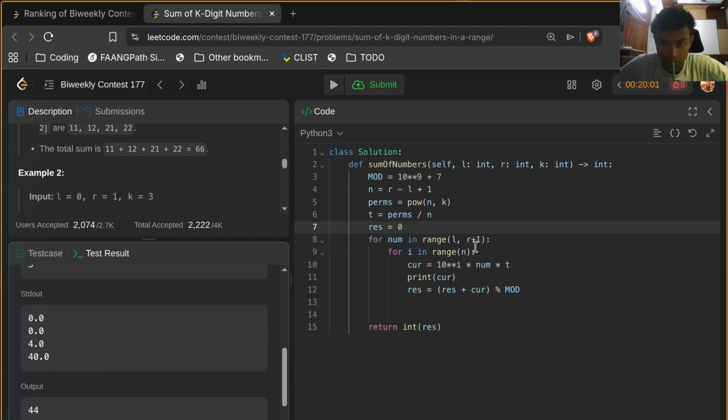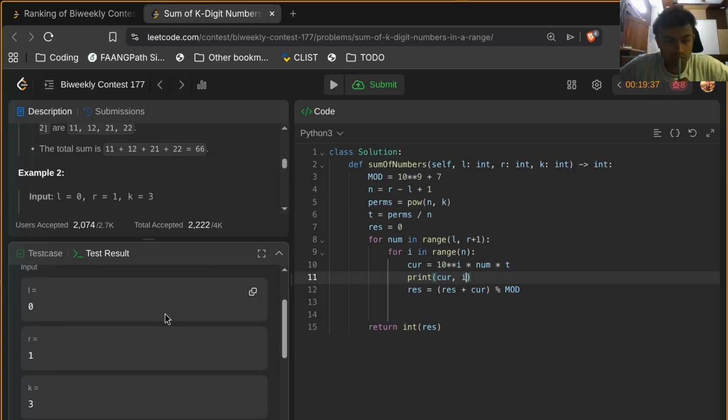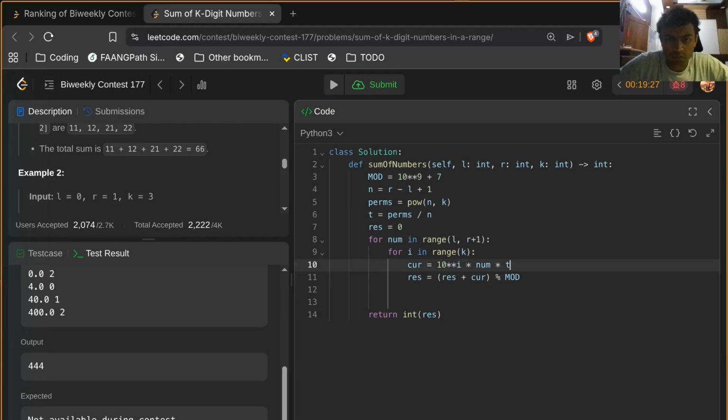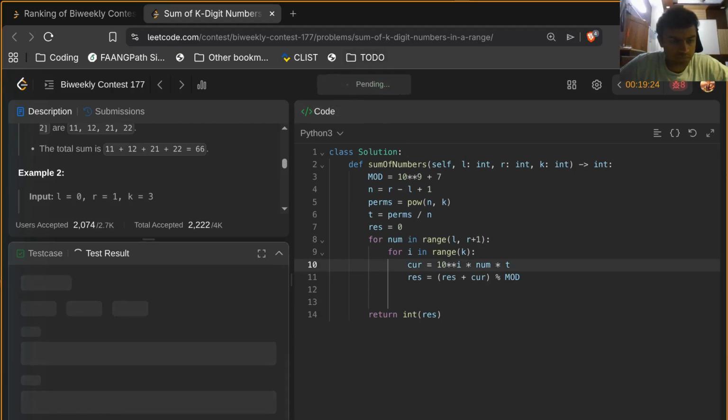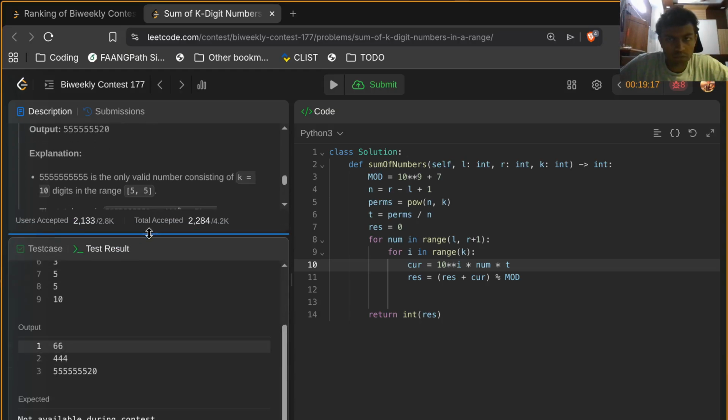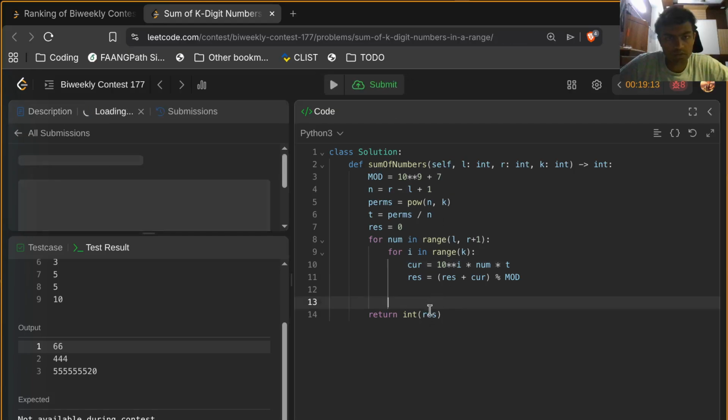Zero, 4, and 40 should be right. 10 power i, sorry, not n, should be 66 or 44, 55 something something 20. Let's see if this works.